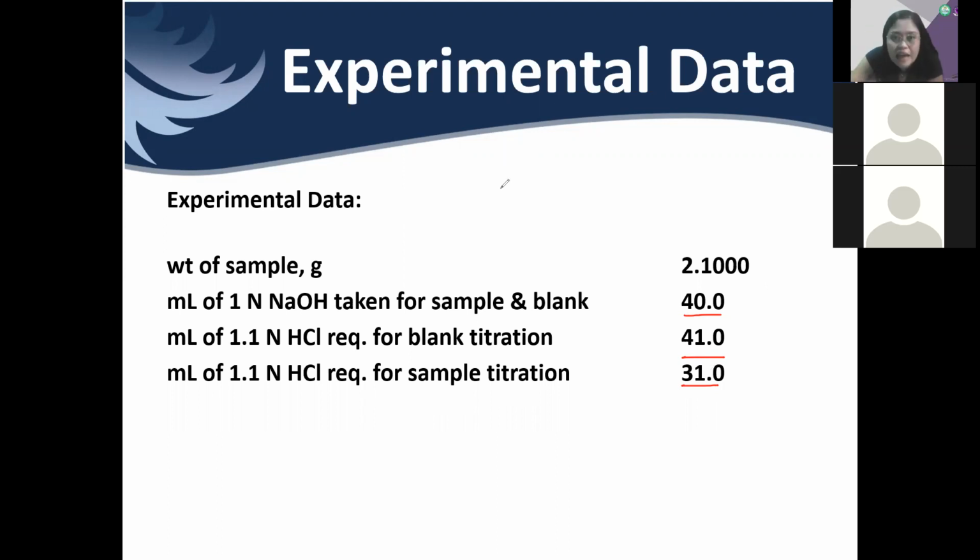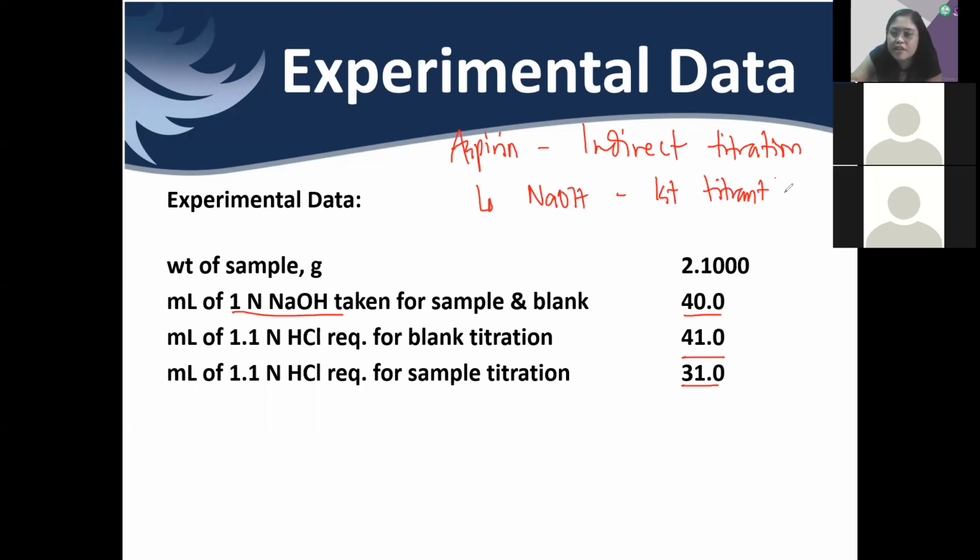Class, the assay of aspirin is actually supposedly an indirect titration. If you have aspirin, this will be added with a titrant that is given in excess, and that is the NaOH. So this is the first titrant.